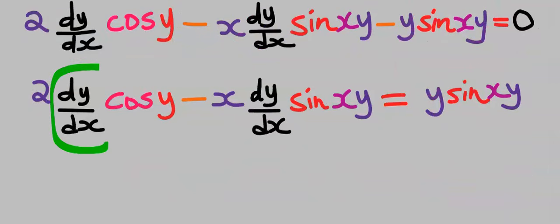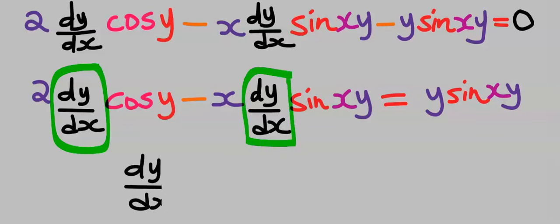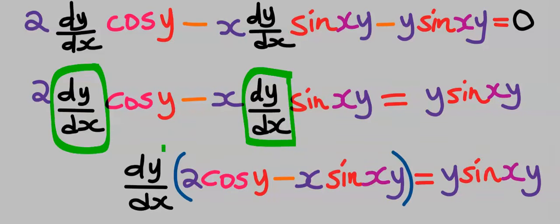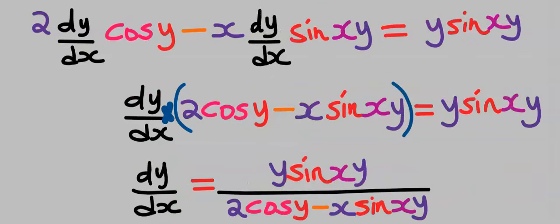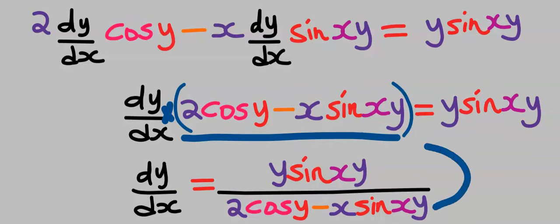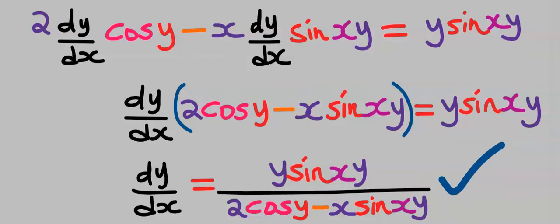Next, factorize dy dx out. Next, make dy dx the subject. Because this is multiplying, if it moves across, it's going to divide. And this becomes our dy dx.